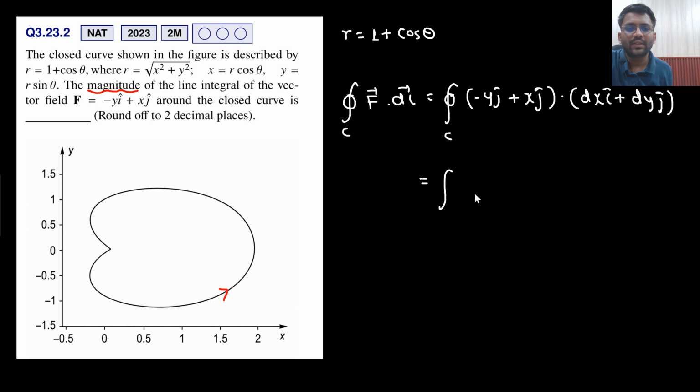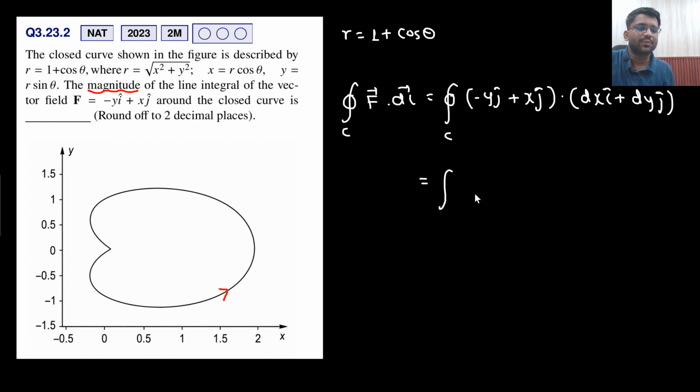I can solve it both ways, no? I guess the first method would be easier. Because from where to where is r moving, r is going from 0 to 1 plus cos theta. No, r is not constant, r is 1 plus cos theta only. Yeah, two methods we can solve it.